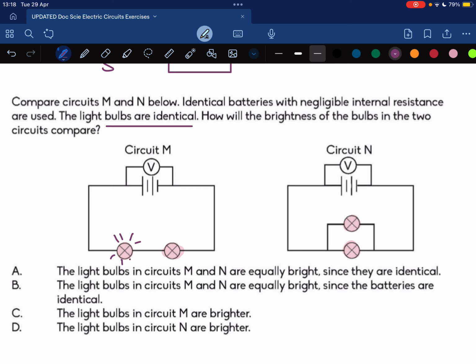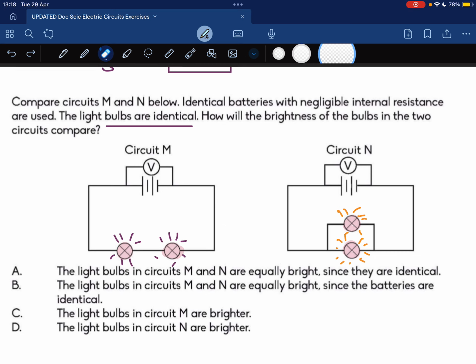The brightness here is the same as the brightness here, and the brightness here is the same as the brightness here, because they are identical light bulbs, so they will have identical powers. So that's something to establish first off.